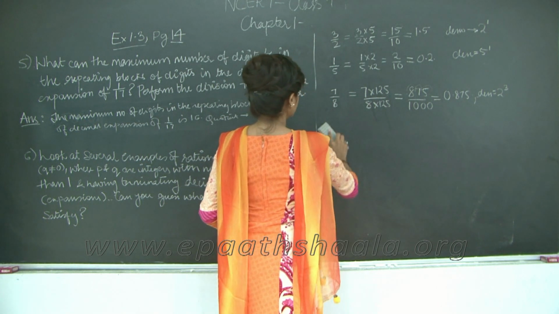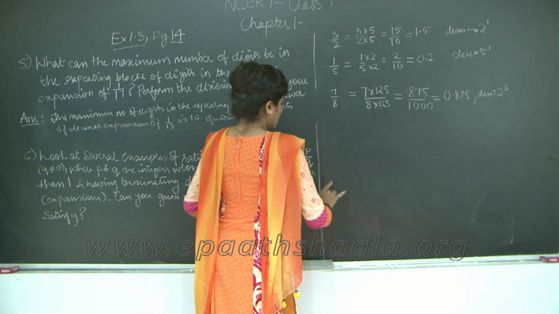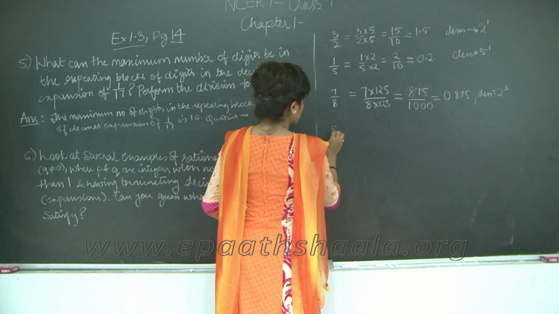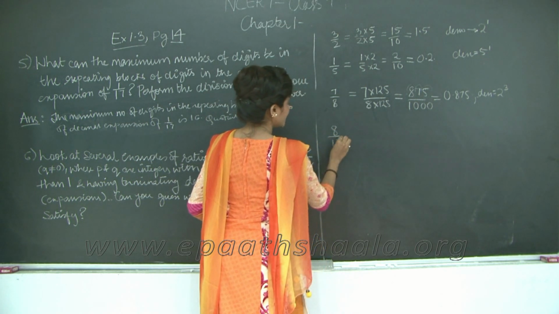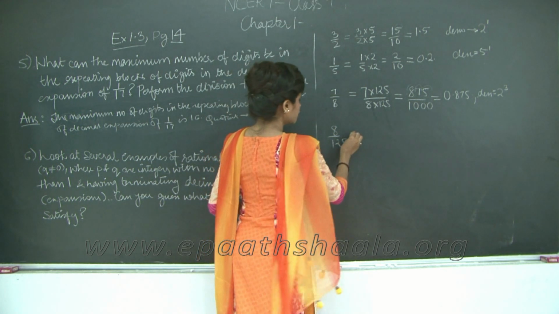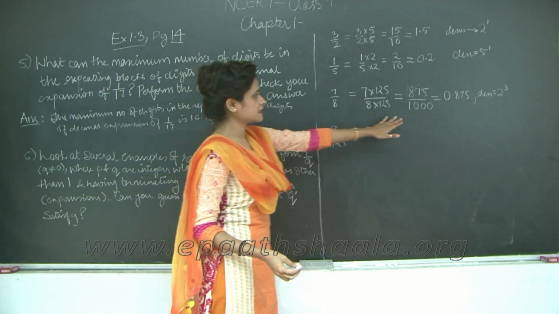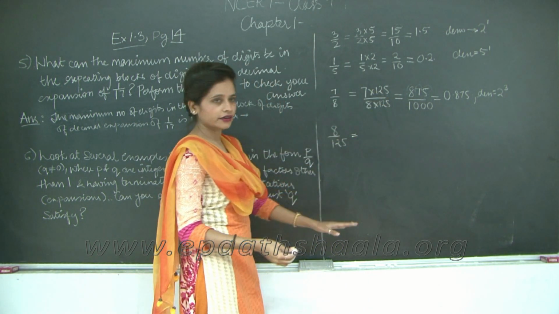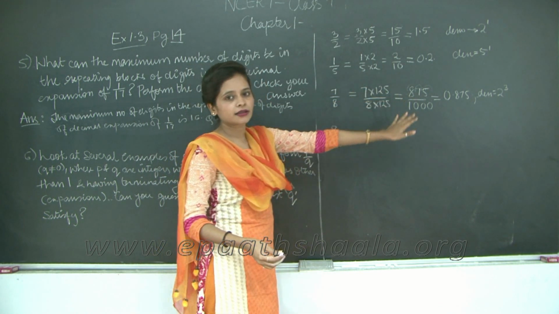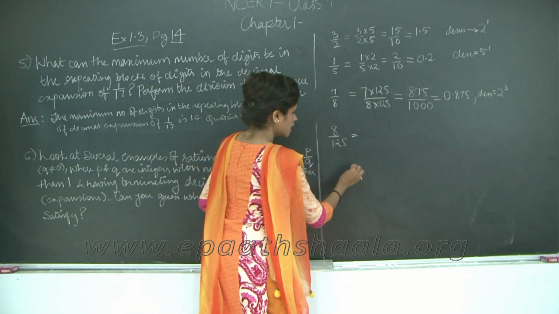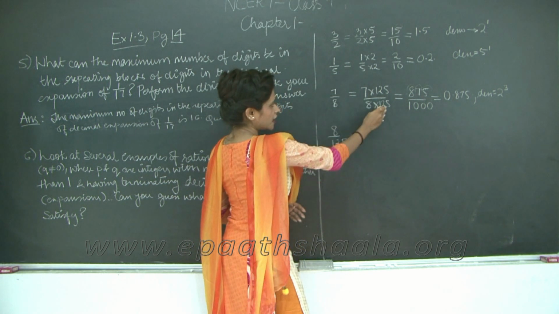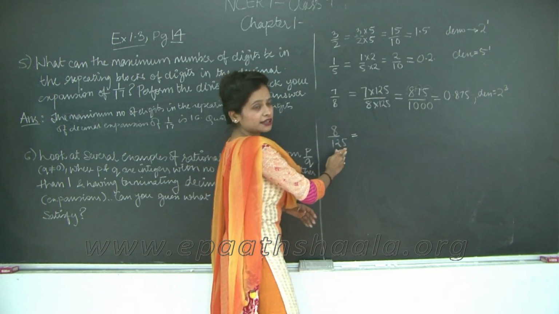Let's go for another term. 8 upon 125. Okay. So 125 into what will give me something similar to 1000 or more than that, right? But it should be either tens, 100, 1000, 10,000. So let's check. We checked in this sum that 125 into 8 gives me 1000.